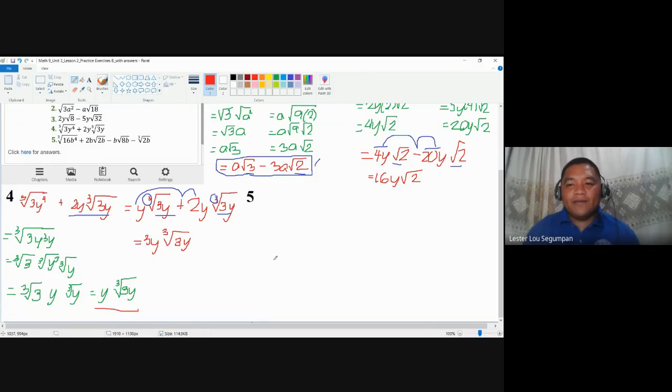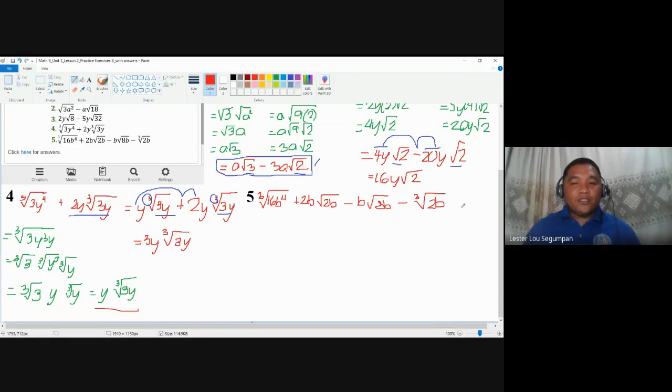Let's have number 5 as your last item. Let's copy it here: cube root of 16b to the power of 4 plus 2b square root of 2b minus b square root of 8b minus cube root of 2b.